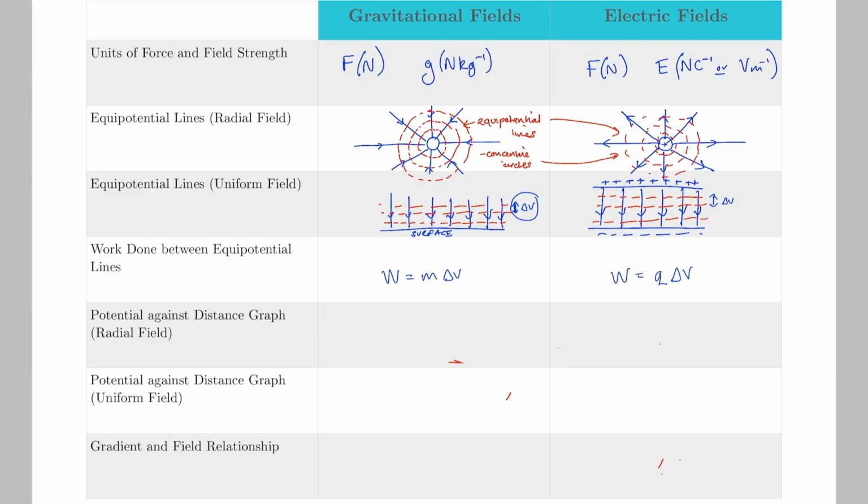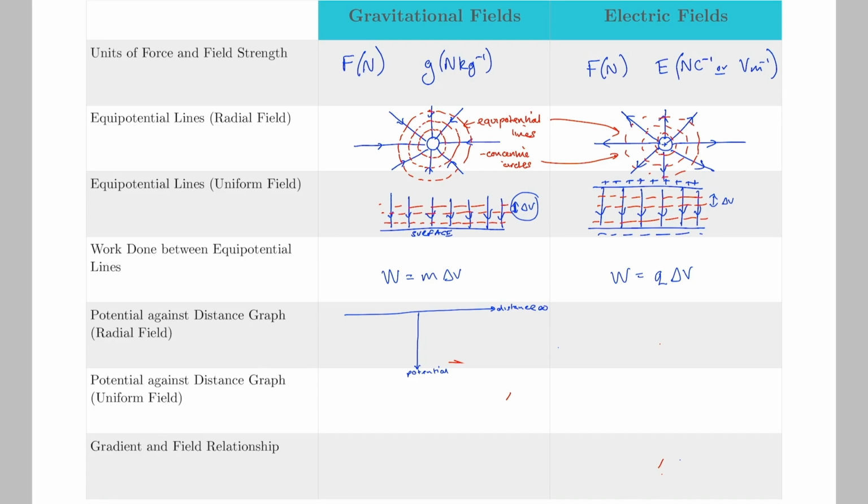When you have a radial field and a uniform field, you can plot the potential against distance. And the graph looks a little bit like this. So this is a radial field. We have potential down here. I'll tell you why it's upside down in a minute. And we have distance here. And the potential at infinity, for a gravitational field, is equal to 0.